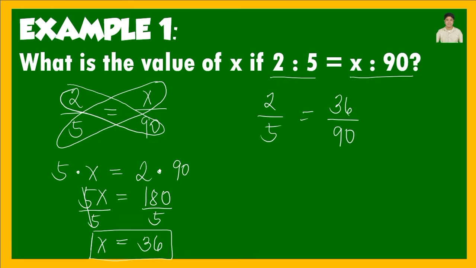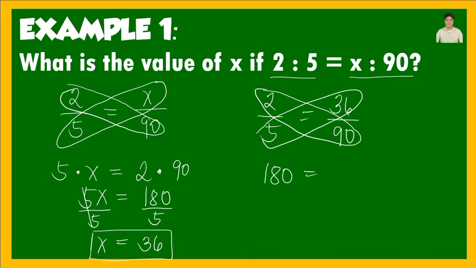And then, kunin natin yung cross products. 2 times 90, that is 180. And then, 5 times 36, the answer is also 180. So, equal po sila both sides. Therefore, the value of x is equal to 36.